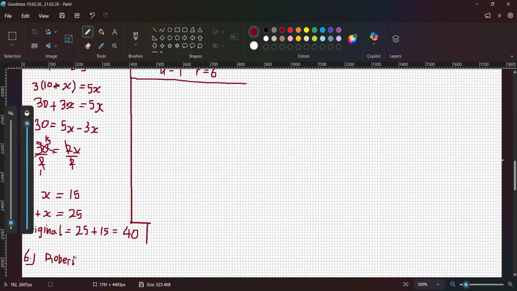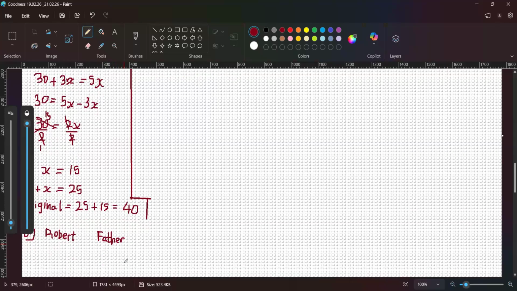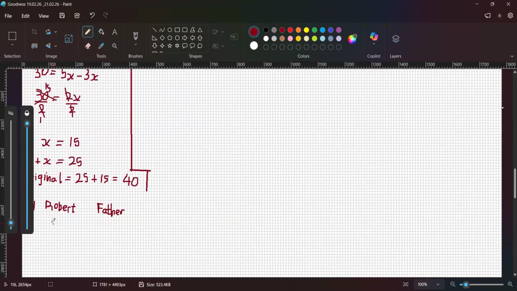I'll just make it in terms of just one. And this is his father. His father's will be on the right hand side. Okay. So if I use R to represent Robert's current age, present age, whatever they call it, whether it's current or present, it's still the same thing. R.